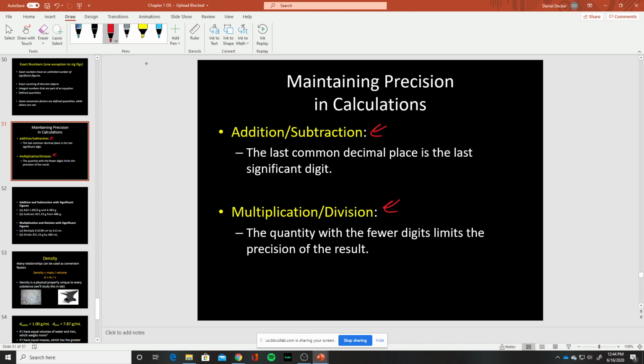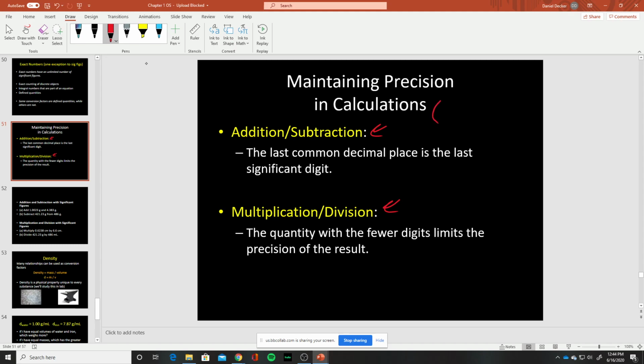For addition and subtraction, the last common decimal place is as far as you can take the answer. And for multiplication and division, whichever one has the fewest sig figs is the most that you can have in your answer.